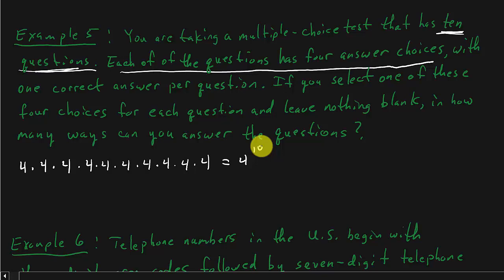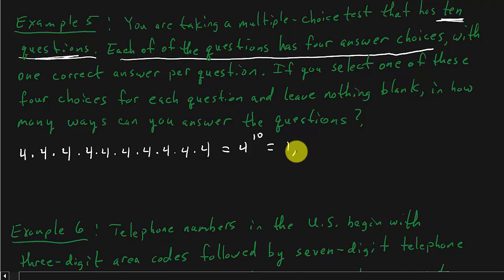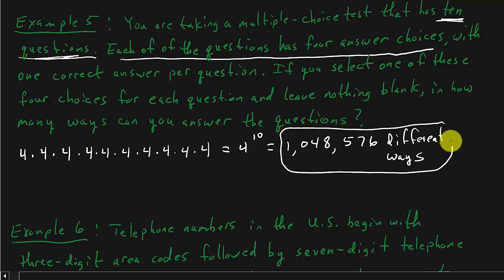So you just write 4 to the 10th. You got 10 4s. And that is equal to 1,048,576 different ways to answer the test.